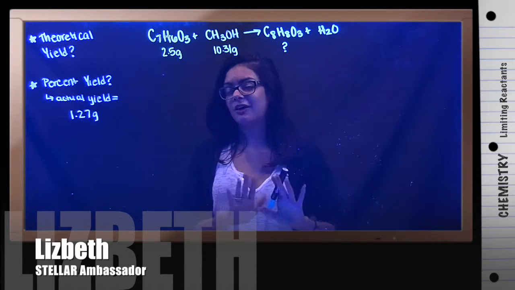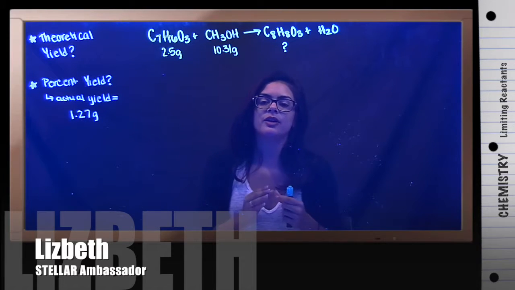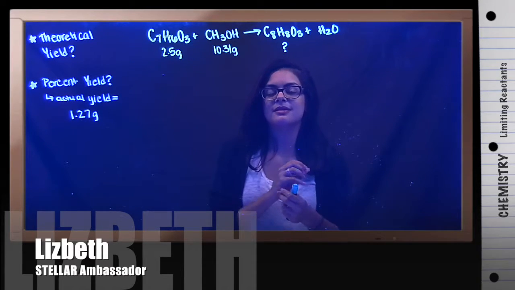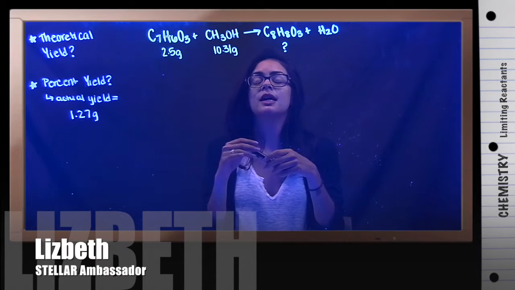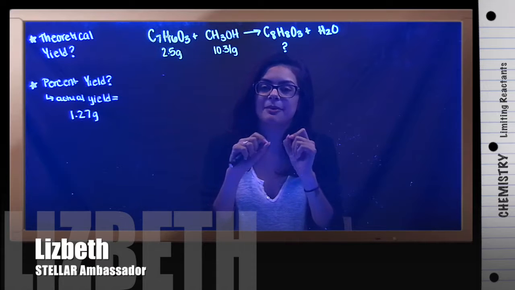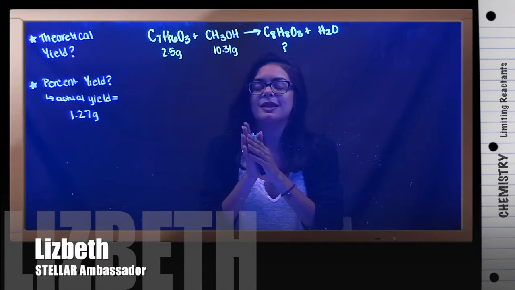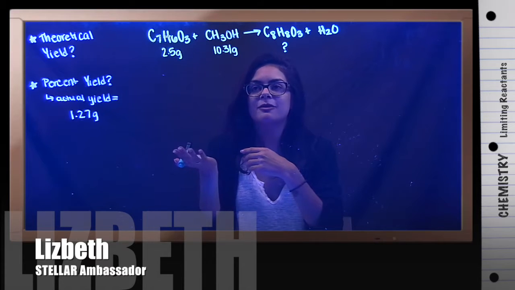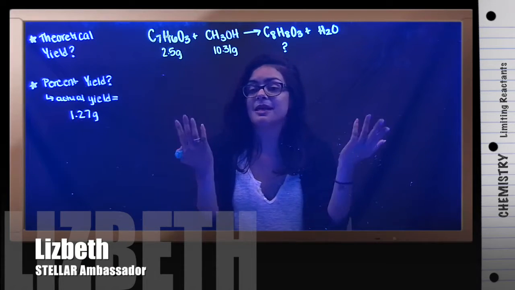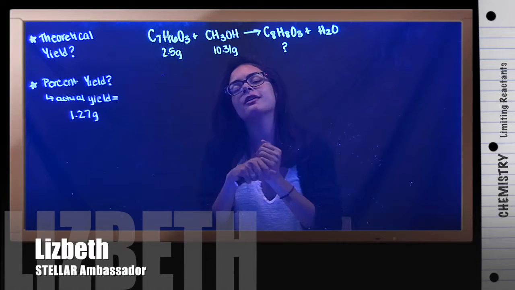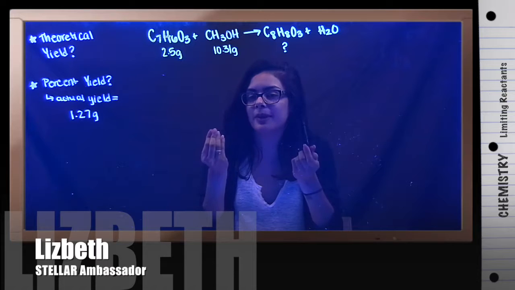So let's talk first about what exactly theoretical yield is. Theoretical yield and limiting reactants, I like to think about making a sandwich, right? There's always something limiting you from making an infinite amount of sandwiches. Let's say we have 4 pieces of bread, 7 pieces of cheese, and like 8 pieces of ham. How many sandwiches can you make?